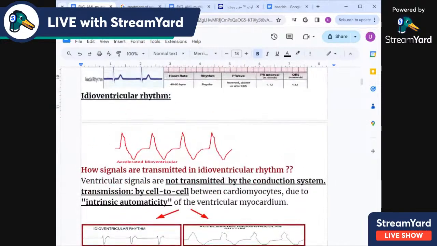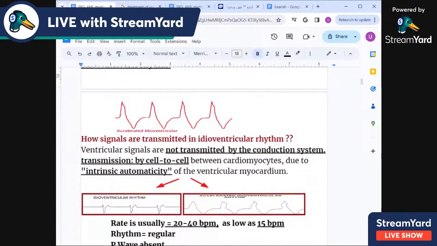Then we have the idioventricular rhythm, in which the normal conduction fails, so the impulse arises in the ventricular muscles itself due to intrinsic automaticity of the cardiac myocytes. So this is complete failure in the normal conduction pathway.